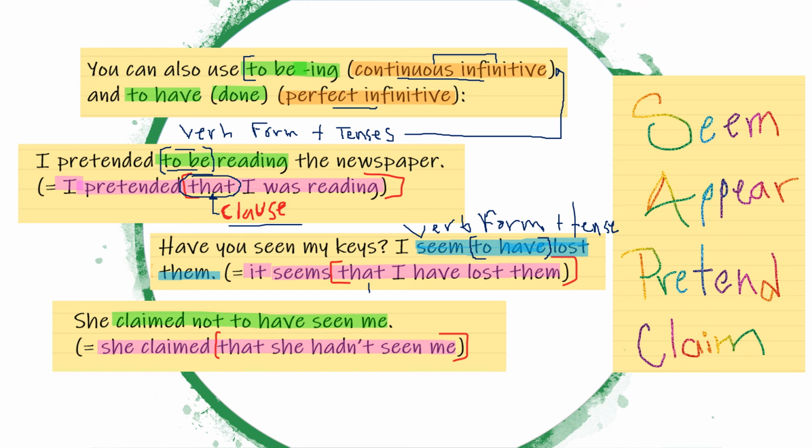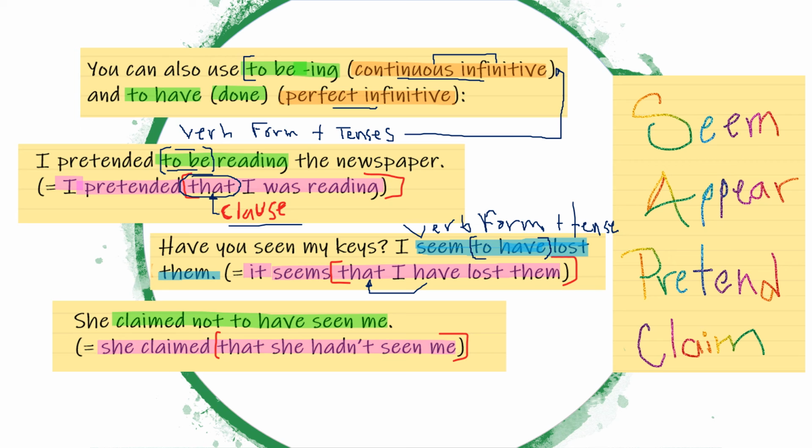So you can use the clause with that, or you can use the verb pattern with the perfect infinitive, which is the best thing to do sometimes. We have to use these two verb pattern forms. And later, after watching this video, of course you will get some practice with this.